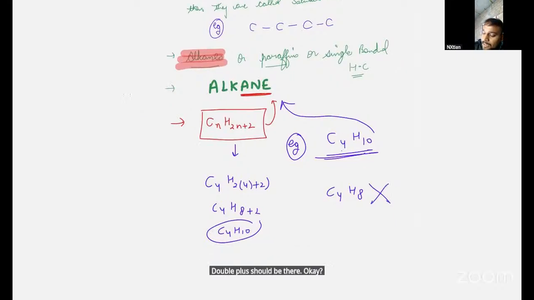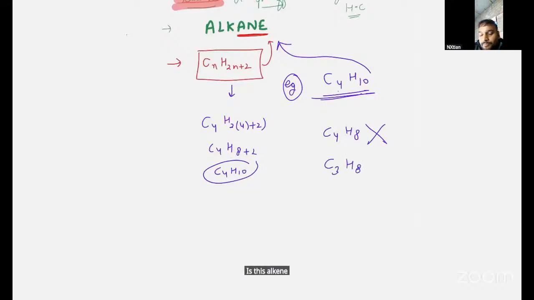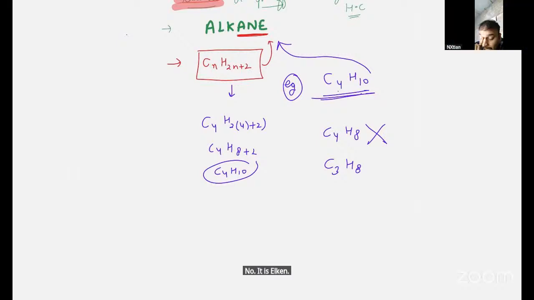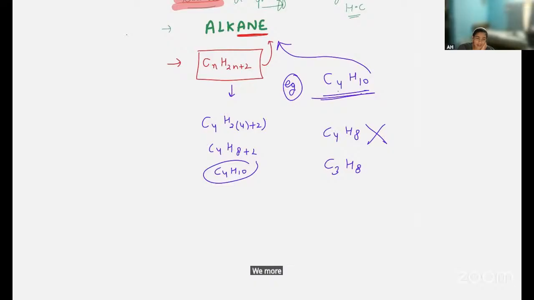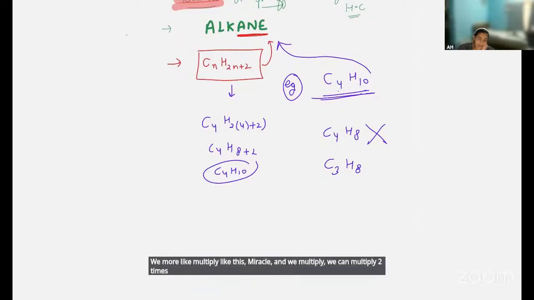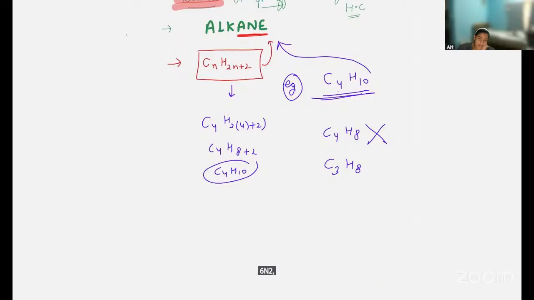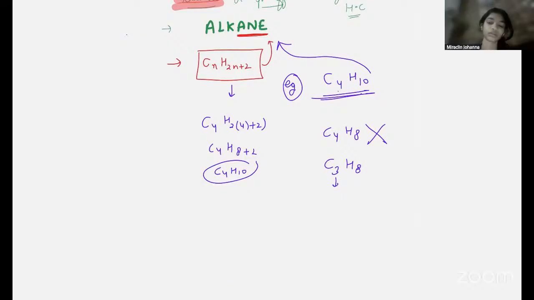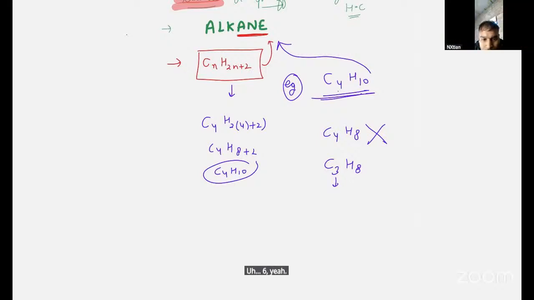Okay. Miracle, tell me, is this an alkane or not? Miracle, listen. 3 carbon atoms are there. We multiply 2 times 3, which is 6, and we add 2, which will be 8.